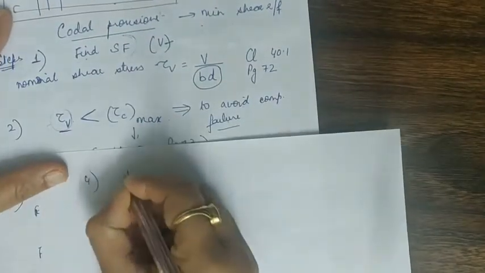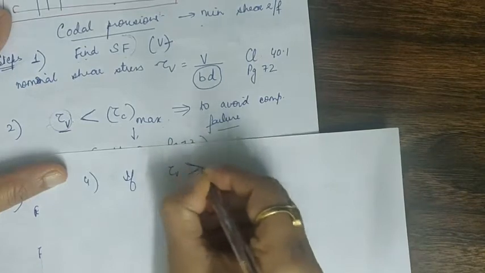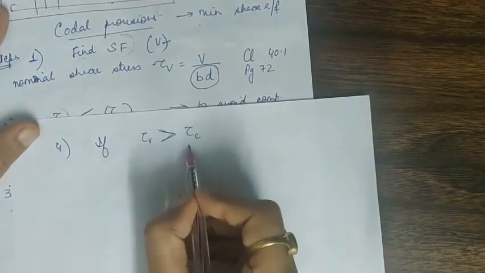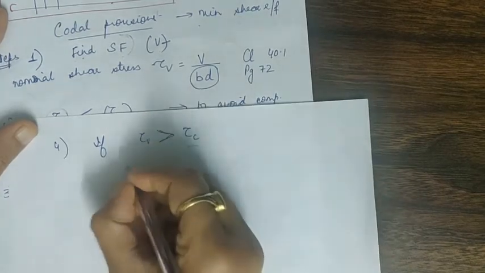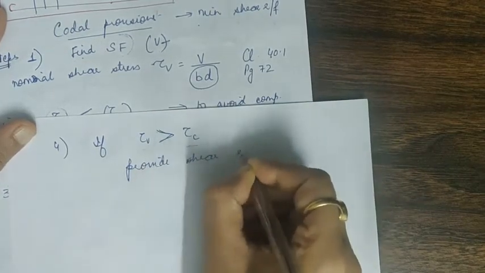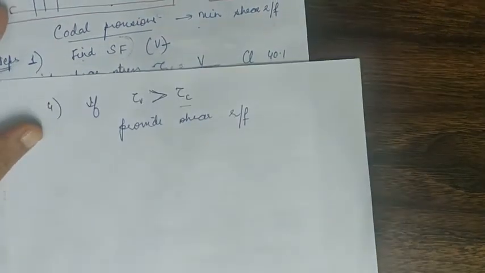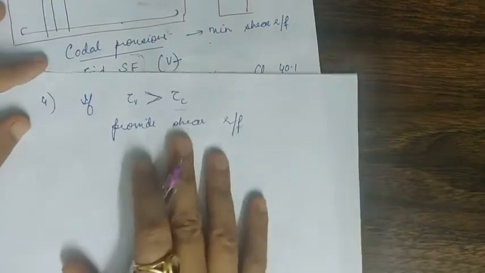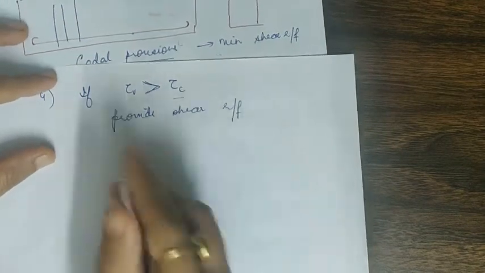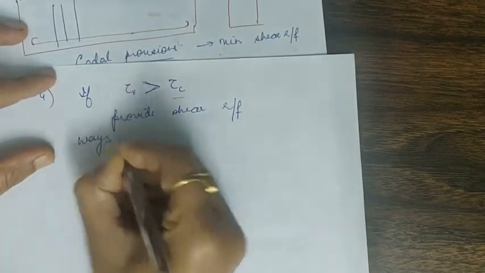Now, the fourth step is, if tau V is greater than tau C, that is the stress is greater than the capacity, then we will have to provide shear reinforcement. Now, what are the ways in which shear reinforcement is provided?